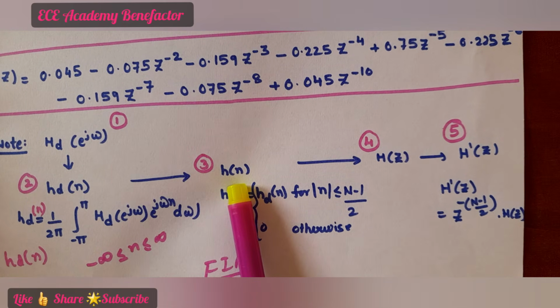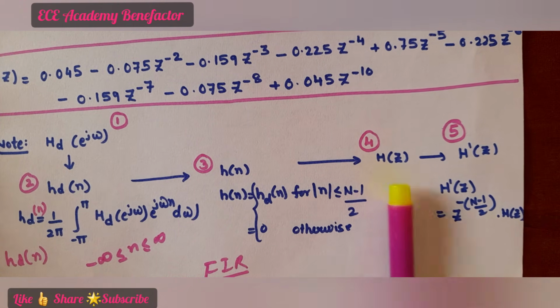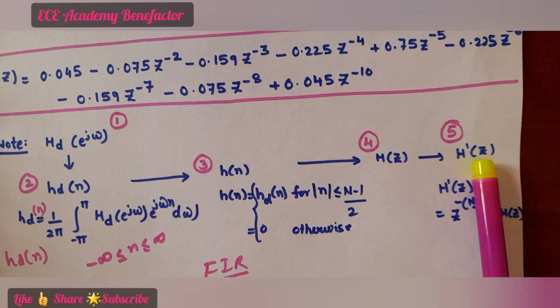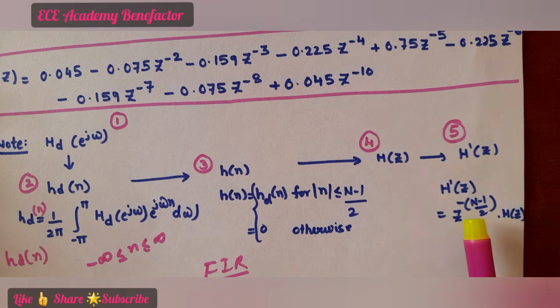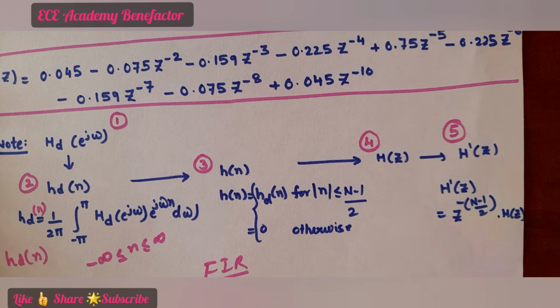After getting the truncated impulse response, we computed the transfer function H(z), and this transfer function is not physically realizable. So, we find H dash of z, which is obtained by multiplying z to the power minus (N minus 1) by 2 with H(z).